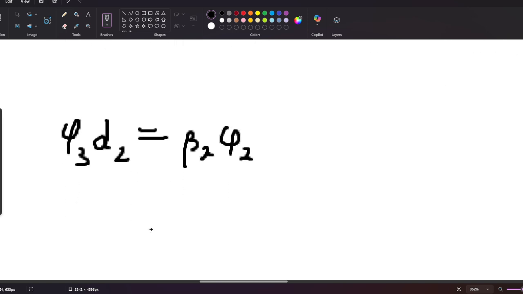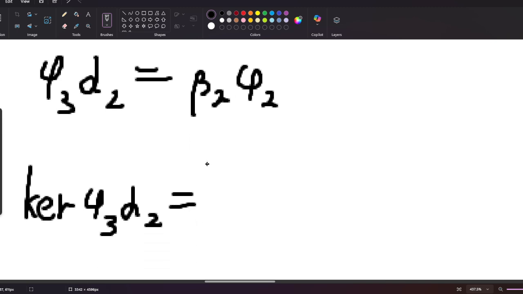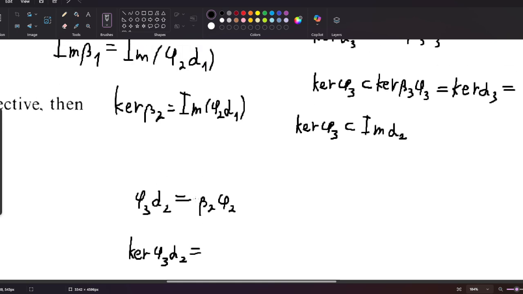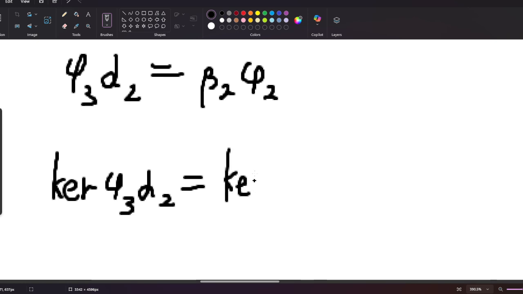Now we look into the kernel of these compositions. The kernel of phi 3 alpha 2 equals the kernel of beta 2 phi 2.